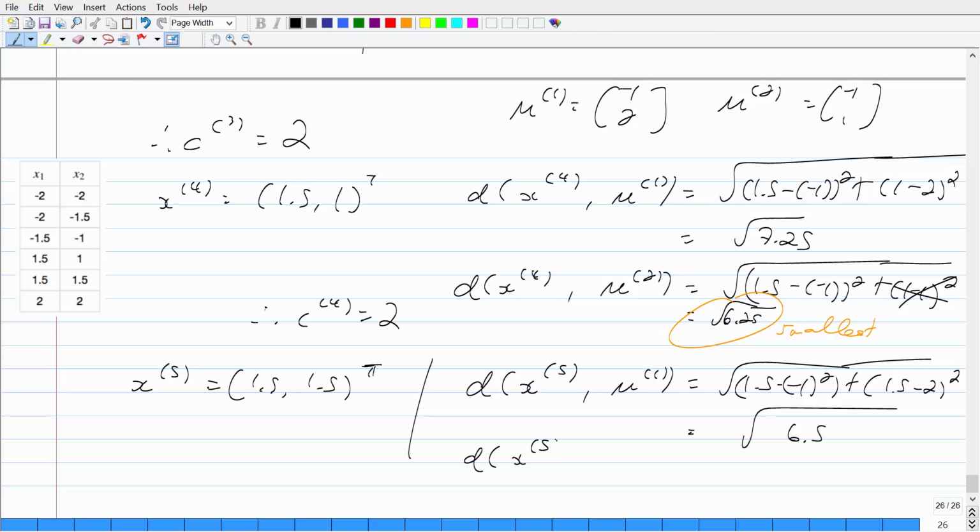Now this becomes 1.5 minus -1 squared plus 1.5 minus 1. So this is where I screwed up, but I'll show you how to fix this.